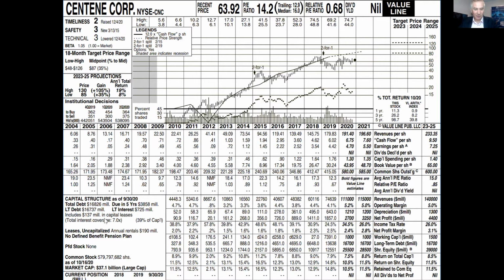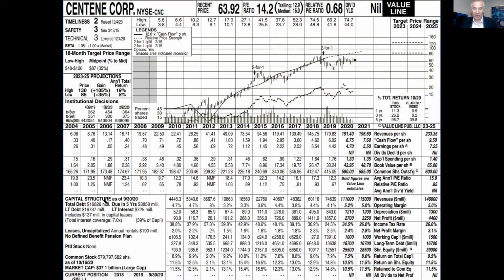Now the debt level: they have $16 billion of debt and $37 billion in capitalization. So it's about half of the capitalization in debt. Still high. We always look at whether it is manageable or not. Net profit here is $2.7 billion this year, so you have to ask how many years it would take them to pay that debt.